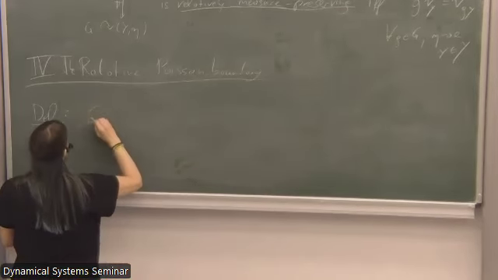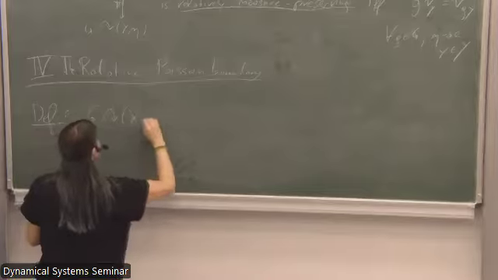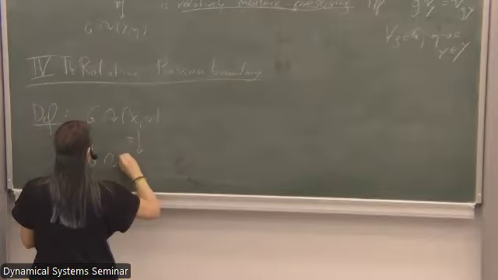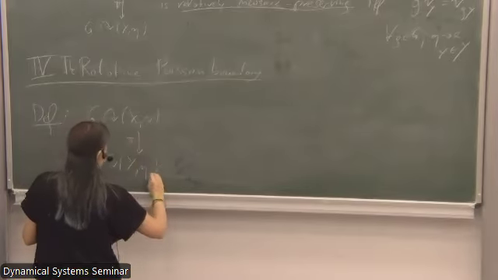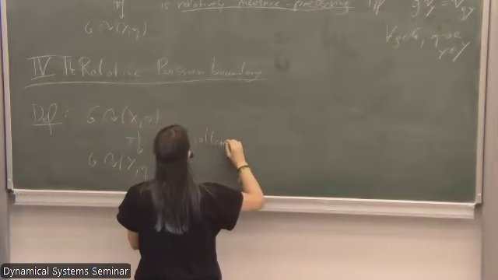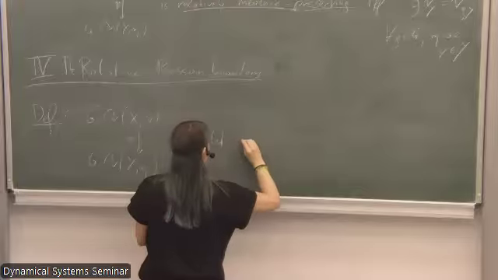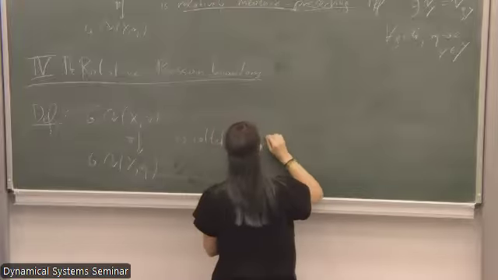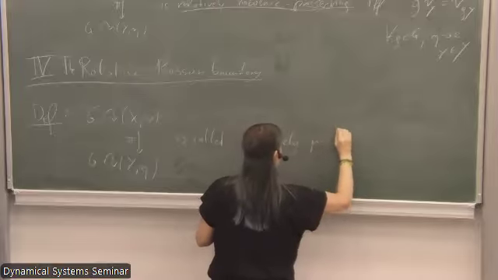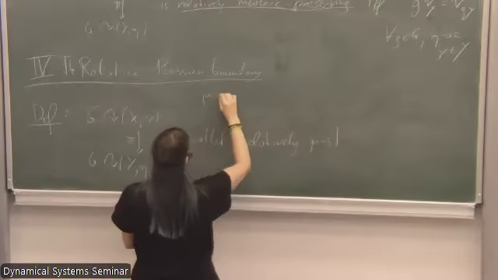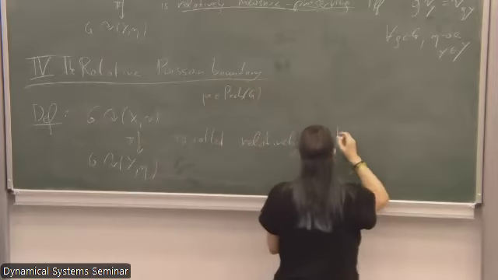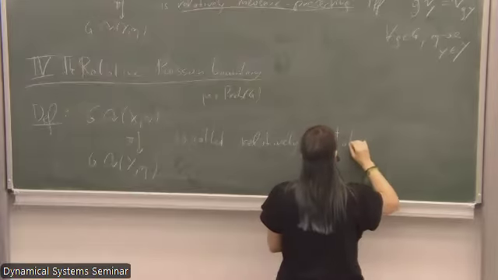So I say that the same factor map is called relatively mu stationary. Again, mu is a probability measure on the group, some nice generating measure.